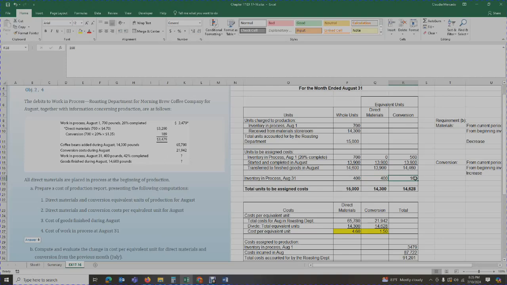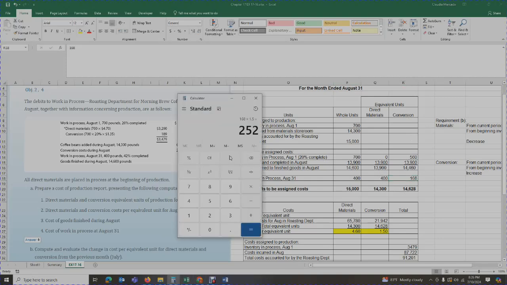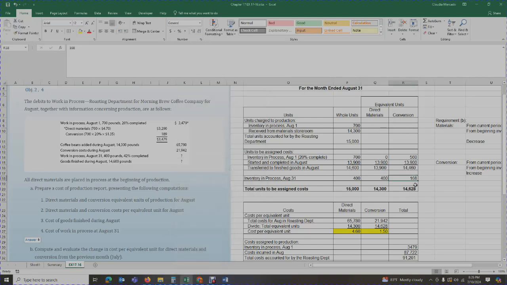Now next month in September, my direct materials will be 0 and my conversion cost will be 100 minus 42, which is 58%. Next month, you'll charge 58% of your conversion cost in September. So it's just a matter of dissecting the information and understanding what we're going to charge this month and what we're going to charge next month, so we can calculate the correct equivalent units of production.